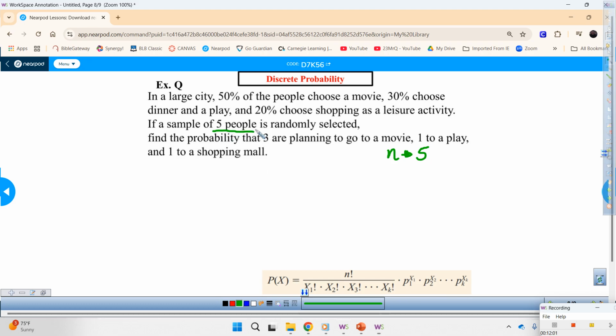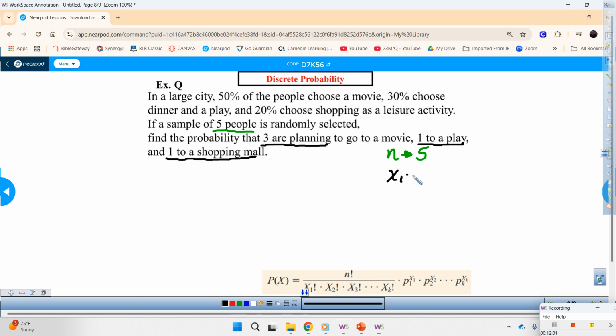Okay. Next, we want to know our x. Let's see. Find the probability that 3 are planning to go to a movie. Wait a minute, but then it says 1 to a play and 1 to a shopping mall. So therefore now we have how many x's? 3 of them.